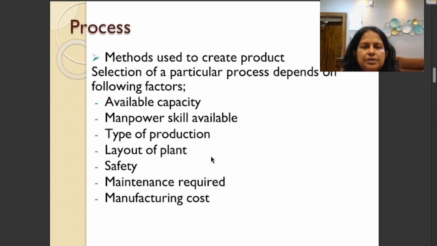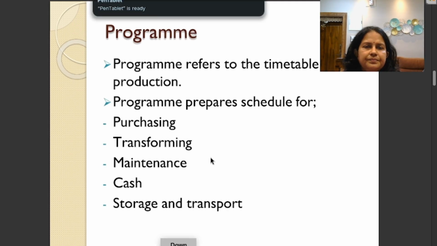Then the layout of the design of the plant is also done for the safety of the workers who are working in the organization. Maintenance is required in time for the machines, and what is the manufacturing cost. This all deals with the process.